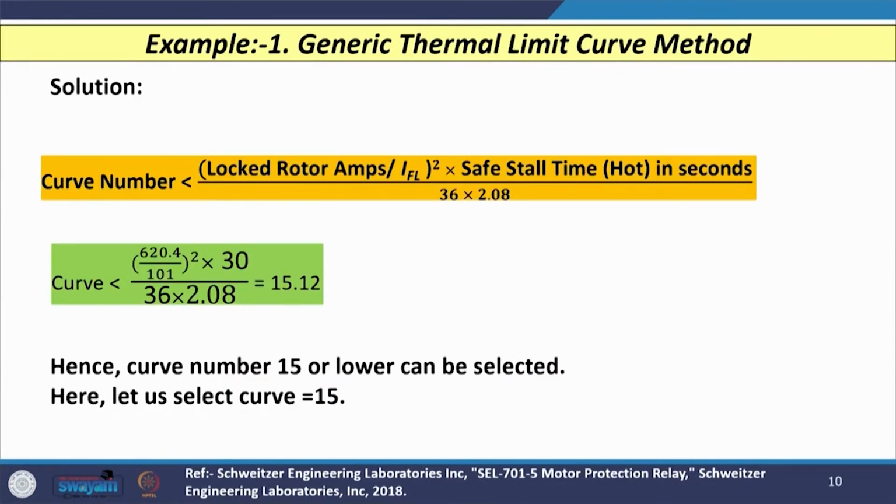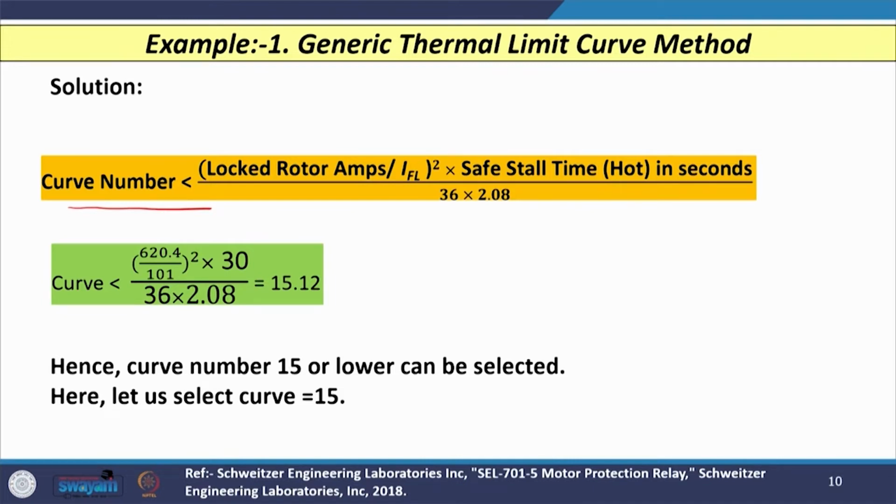Before we start calculating, let us first calculate the curve number. We have already discussed that the curve number is less than the locked rotor amps by full load current squared, into safe stalling time, divided by a few constants.